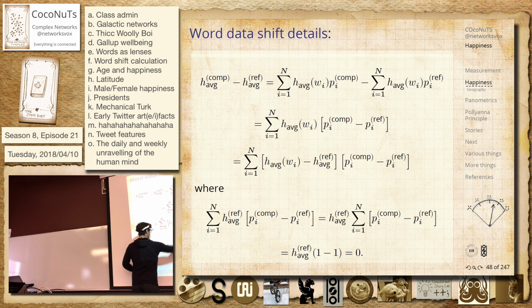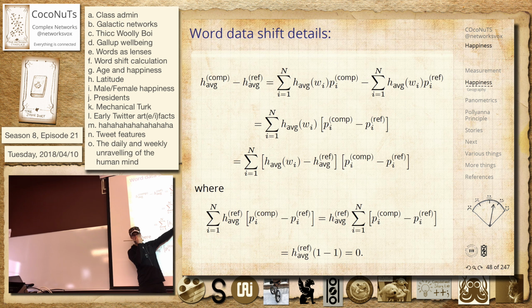We're going to subtract off this average reference happiness here. So in going from here to here, we've introduced this, and the reason for doing that is that this is either a plus or minus, or possibly 0, but it tells you, is it more or less abundant? And then we have to do something about the happiness of the word.